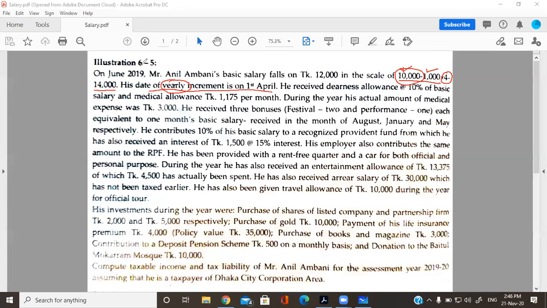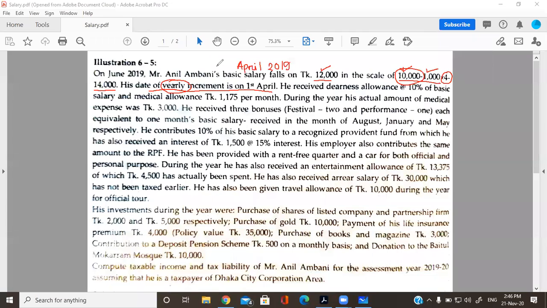So if the basic in June 2019 is 12,000, which is after April 2019, is it?